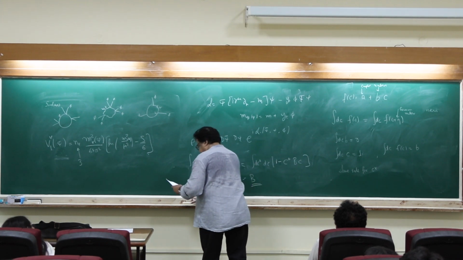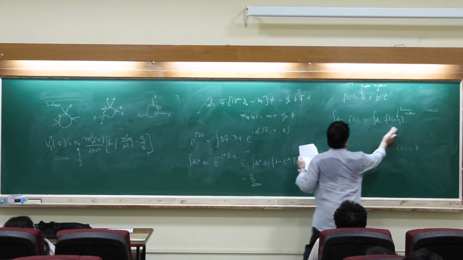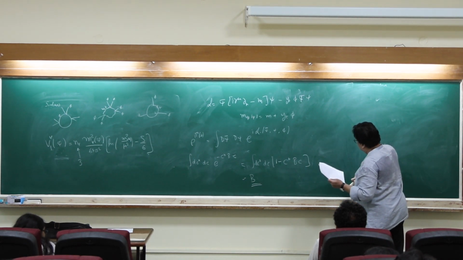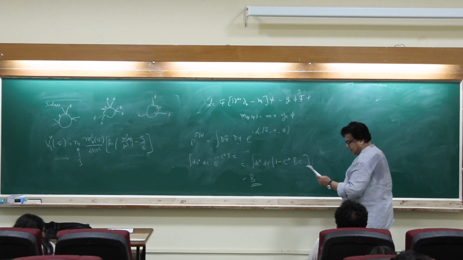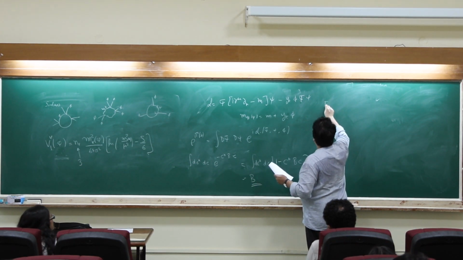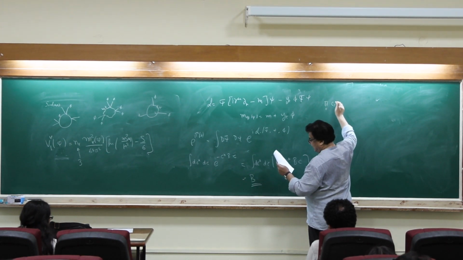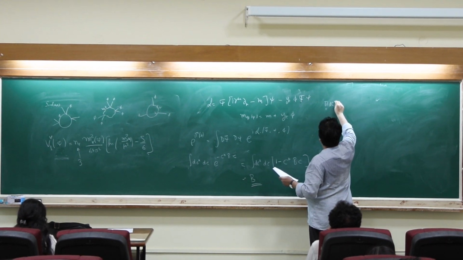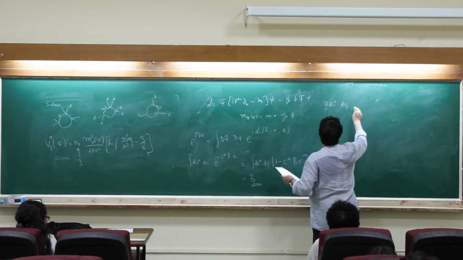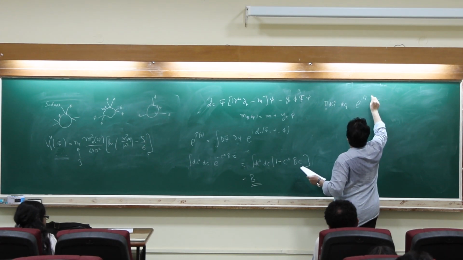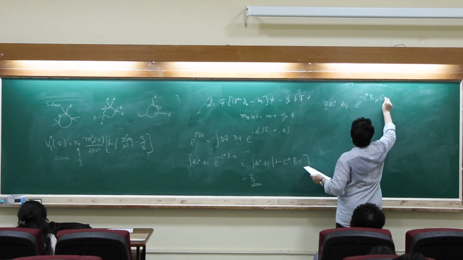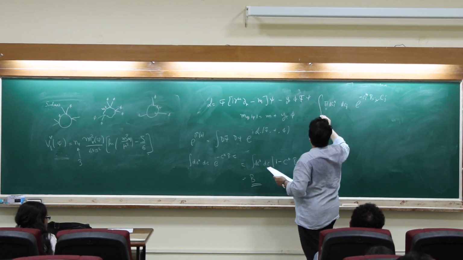And so basically, if I have a column of Ci star, Cj, okay.